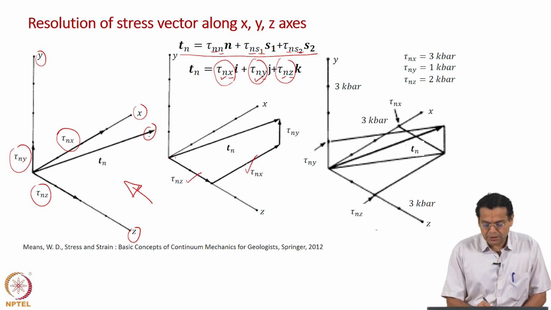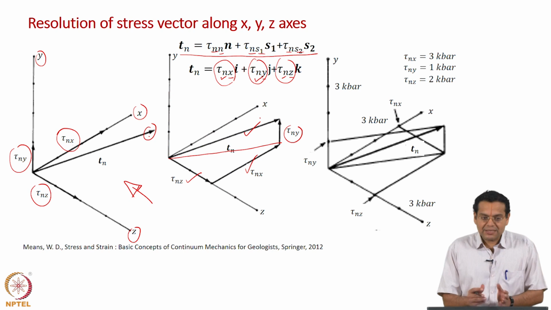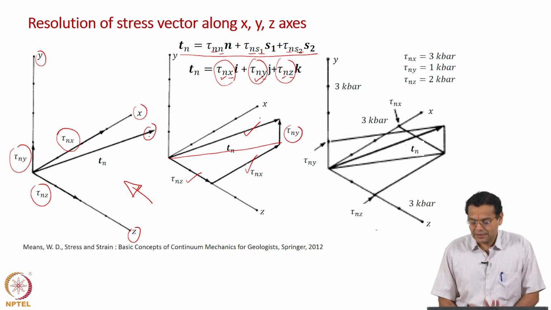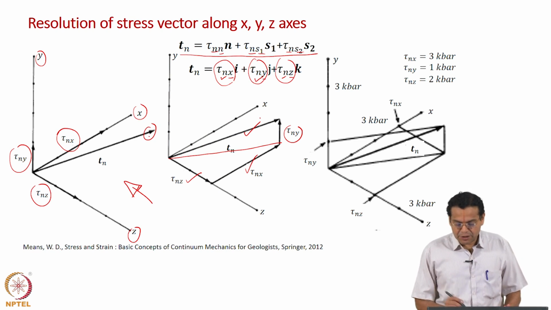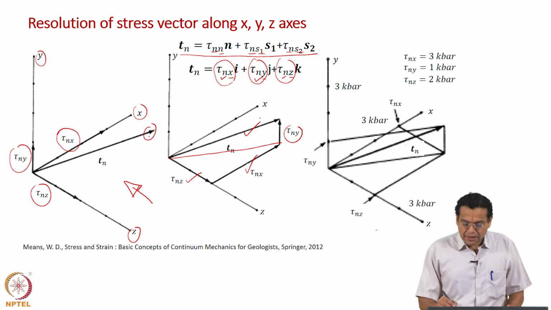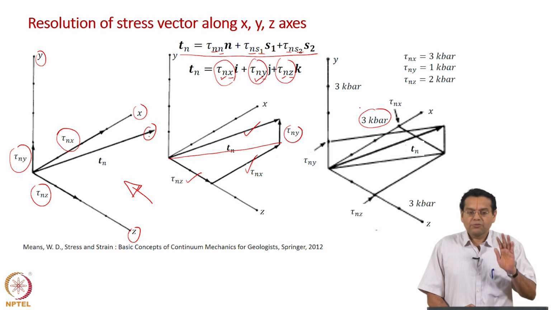You add this, you will get this vector, and then to that you add tau n y, you will get this stress vector. So, the construction of the stress vector is nicely shown, that is why this book is very good in terms of understanding. Once again, an example is also shown here. For example, what is shown is we have chosen a value of tau n x equal to 3 kilobar. Of course, all stress units are force per area.